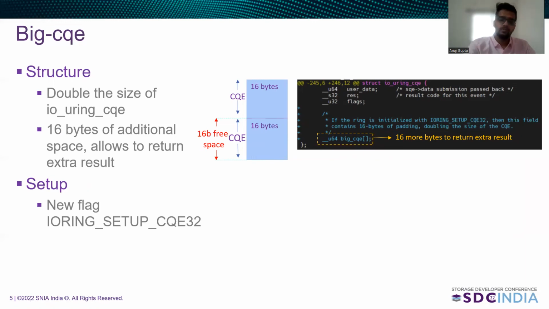This means that it will provide us 16 bytes of additional space to store the extra result, and we can use it to store the extra NVMe result in the passthrough command case. Now, if an application wants to use the Big-CQE, then it will have to specify the IORING_SETUP_CQE32 flag at the time of ring setup. And once the application does that, the Big-CQE field in the CQE will start pointing to the 16 bytes of free space that we just talked about.